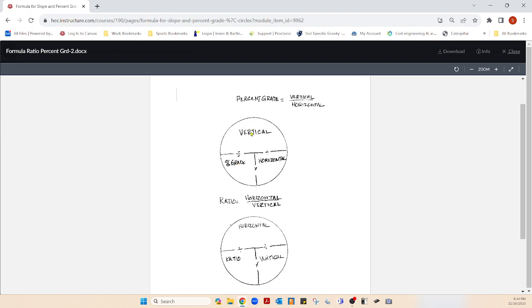If your vertical is 10 and your percent grade is 0.02, what is your horizontal going to be? Well, it's going to be 10 divided by 0.02 equals 500 feet. Your horizontal is 500 feet.